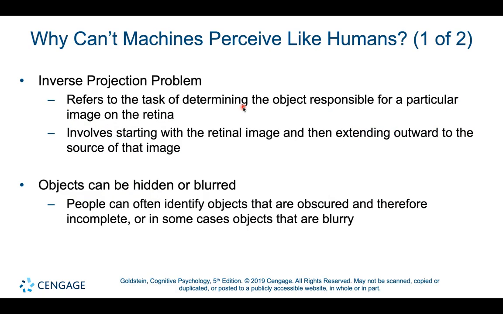So first off, to start learning the building blocks of perception in humans, let's talk about why machines are typically not as good as humans at doing this sort of task of perception. The first difficulty is known as the inverse projection problem.